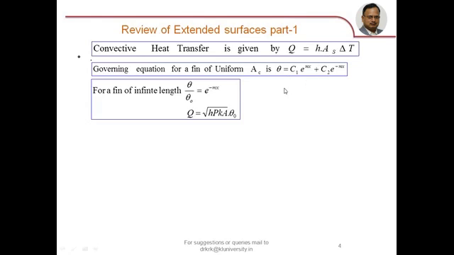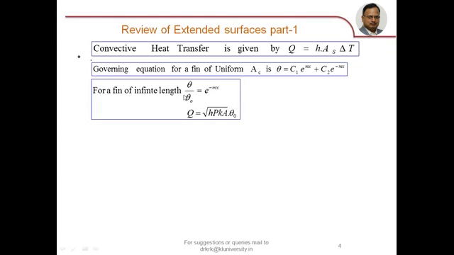So using these two boundary conditions, you can solve for C1 and C2, and we got the temperature distribution equation θ by θ_0 equal to e^(−mx). From that, we have derived the expression for heat transfer equal to root of hPkA into θ_0.